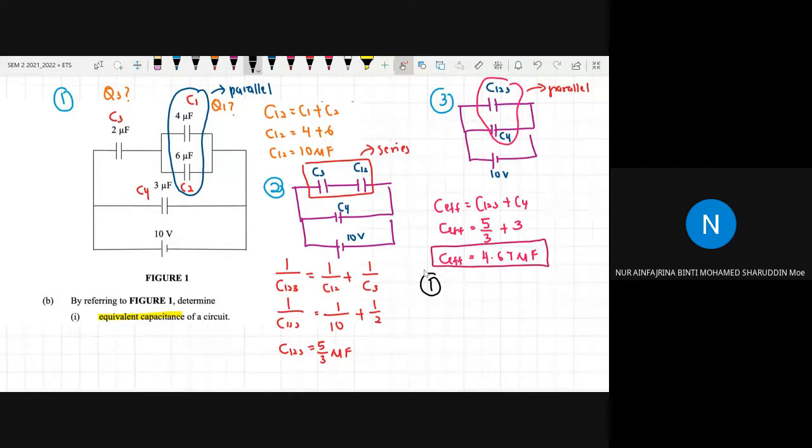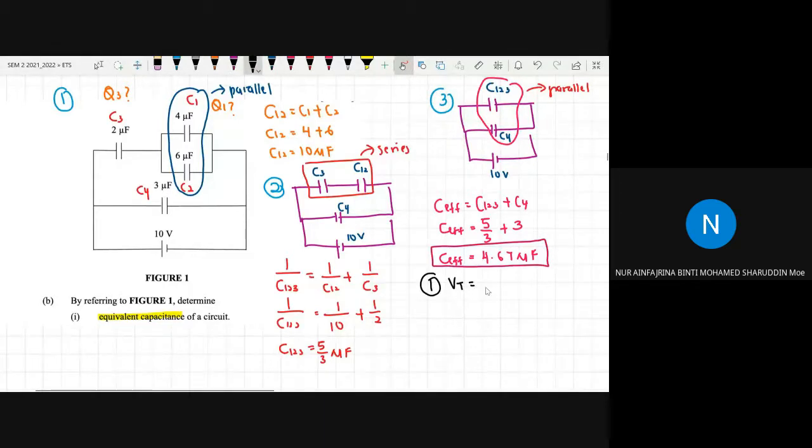Miss wants to ask: when parallel, look at number 3. When parallel, what is the same? Is it the charge or the voltage? Anyone? Voltage. Very good.